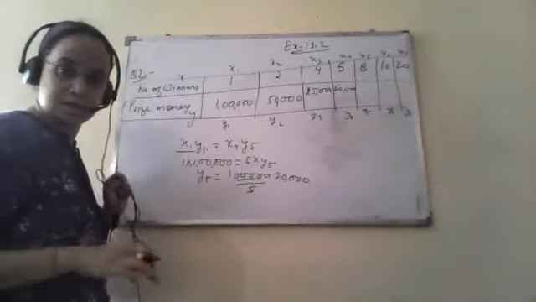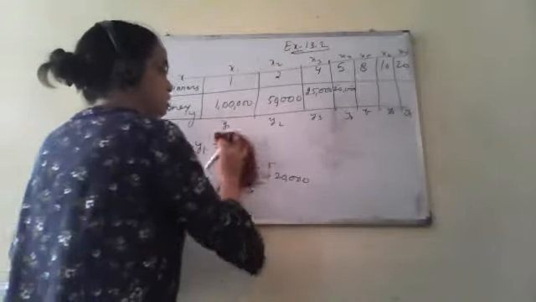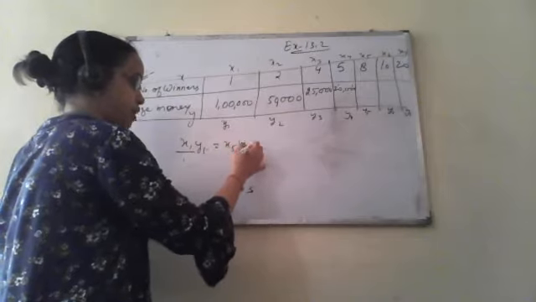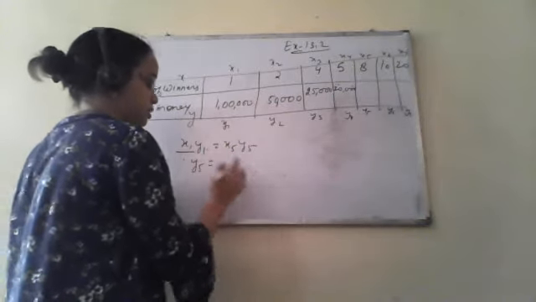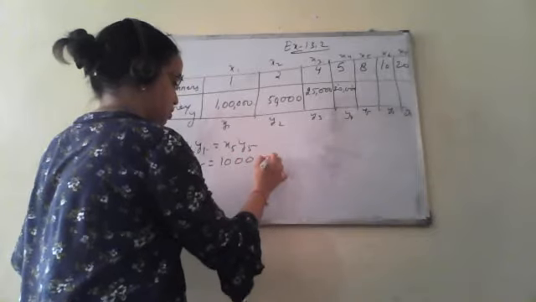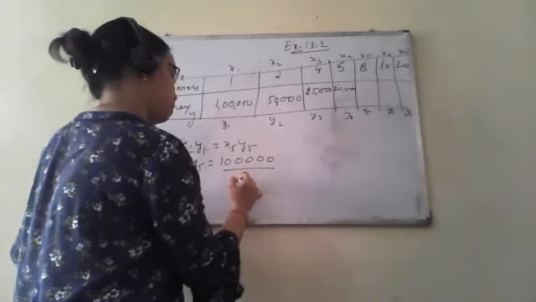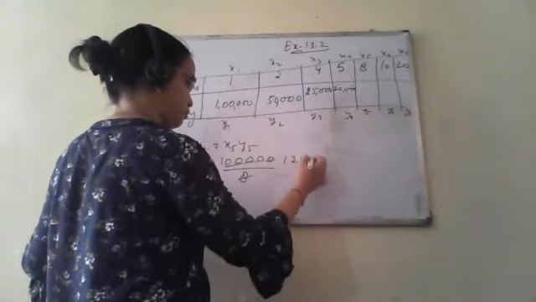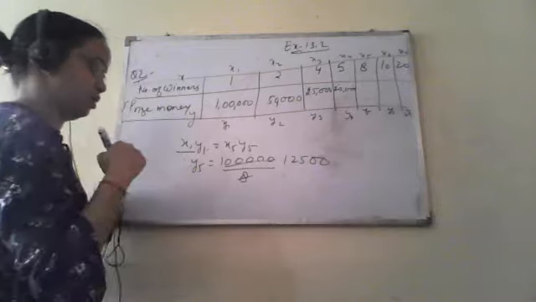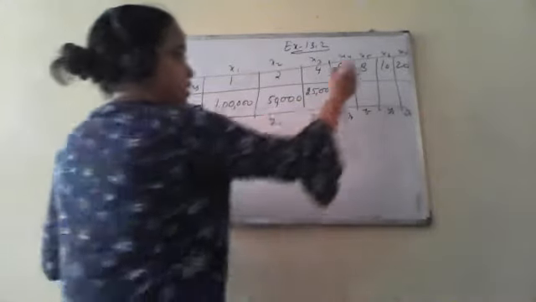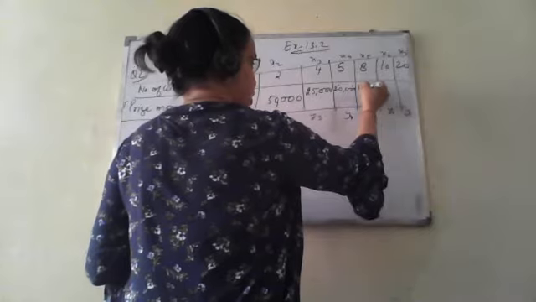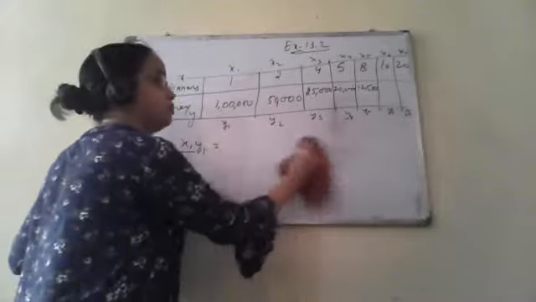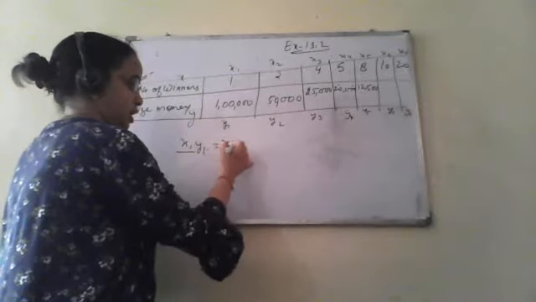rupees. Okay. Similarly, this is x5 y5. So y5 will be 1 lakh upon 8. This is 12,500. Clear? Each winner will receive 12,500 rupees. Now in case of x6 y6, again it will be equal.